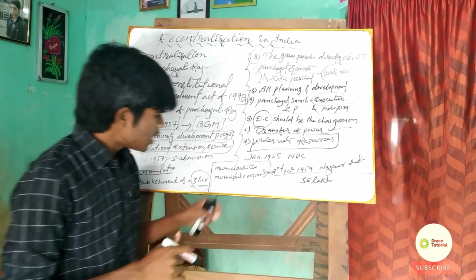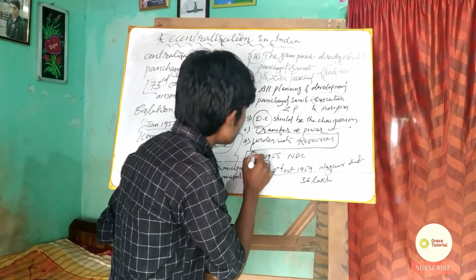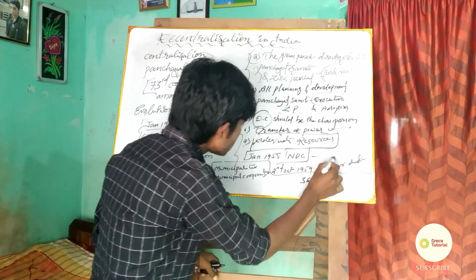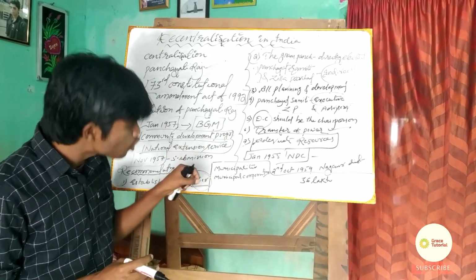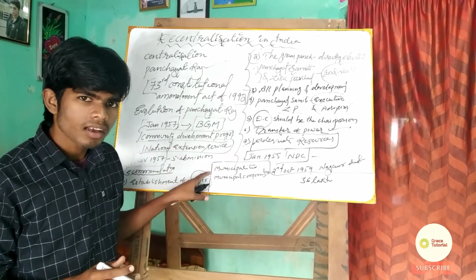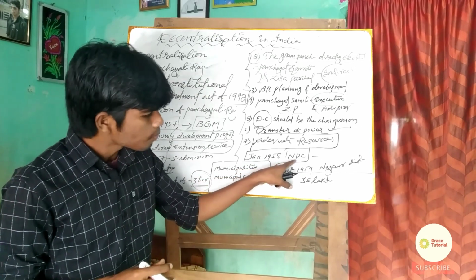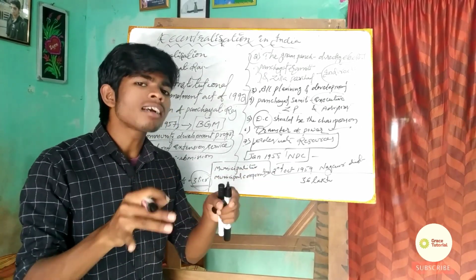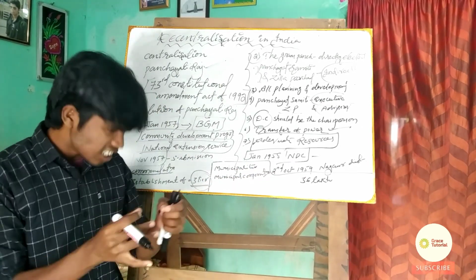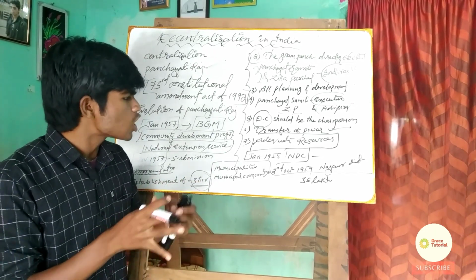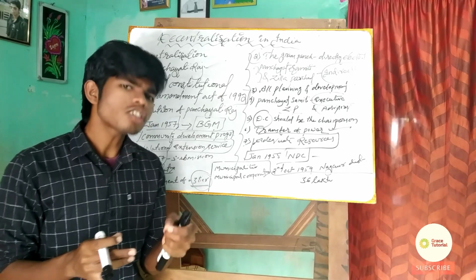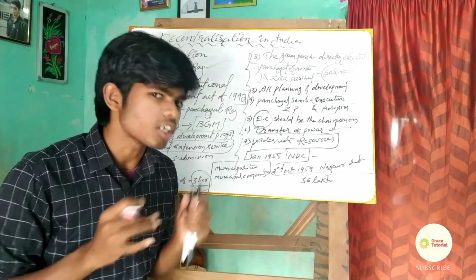Well, in January 1958, the National Development Council accepted the recommendations made by the committee, and the council did not insist on a single rigid pattern. It left it to the states to evolve their own way on the basis of the suitability of local conditions.